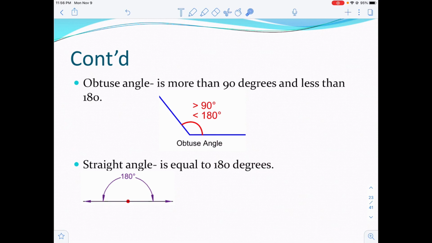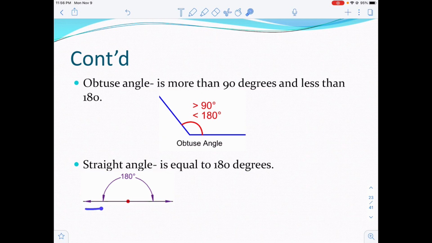The next one is an obtuse angle. An obtuse angle is more than 90 degrees, but less than 180 degrees. So you'll notice again, if we were talking about 90 degrees would be right there, but it's more than 90, so that's why it keeps going, but it's less than 180. Now the next one is a straight angle, and a straight angle is equal to 180.